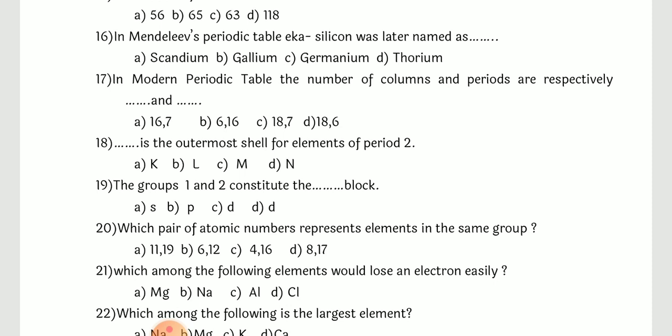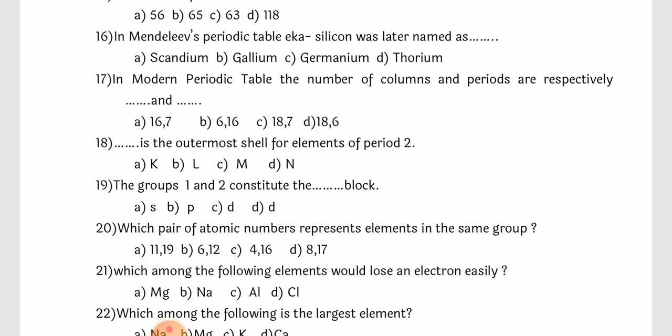So first orbit will be named as K, second orbit will be named as L. So period 2 is having outermost orbit, what is it? L. L is the outermost orbit. So option is B.